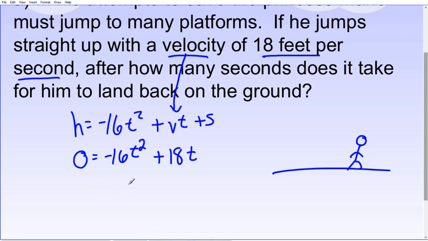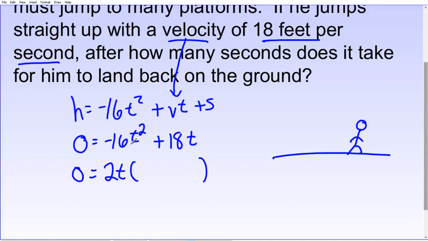So check this out. This now is one of those problems that we were doing a little bit ago. If I could factor this and then solve it, I could find out how long it took him to land back on the ground. Out of these, both have a common factor of 2. 16 and 18 can both be divided by 2. And they both have a common factor of t.